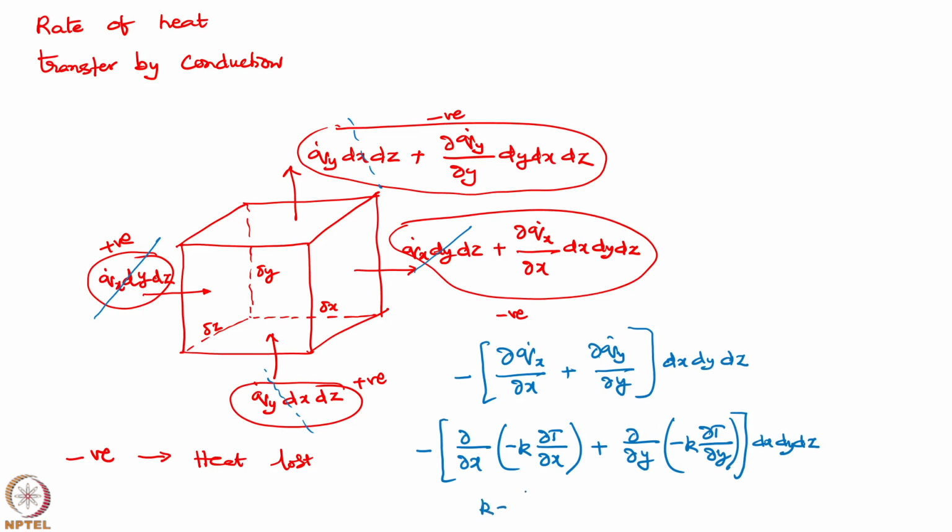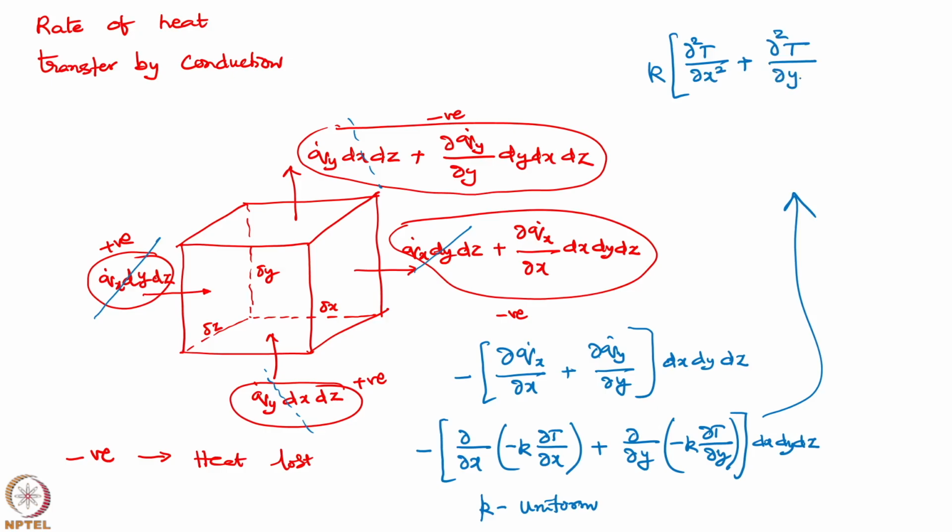Constant is used with reference to time; with reference to space you use the term uniform. In that case, this equation reduces to k into del squared T by del x squared plus del squared T by del y squared into dx dy dz. So that is about the rate of heat transfer by conduction.